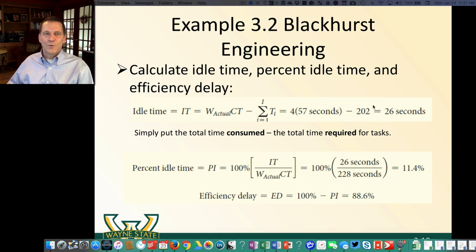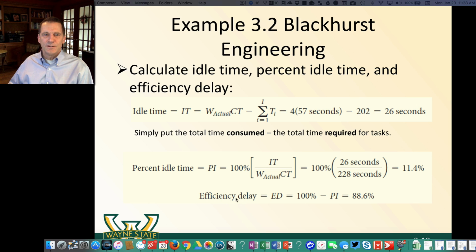Remember, we required this much, but we burned this much because our design basically forced us to have some idle time. We've minimized it, but there's still idle time in there of 26 seconds. So we've got to use the 228 here as the denominator to get to our 11.4. Remember that. A lot of people make that mistake.